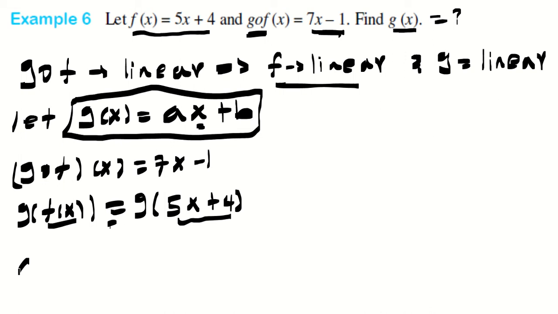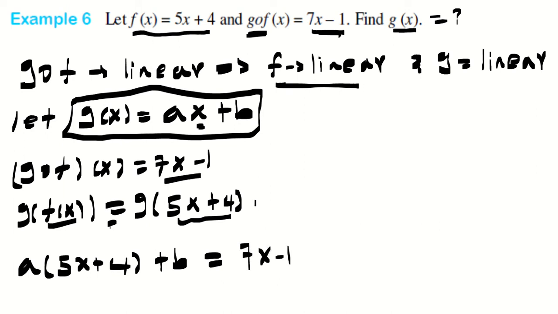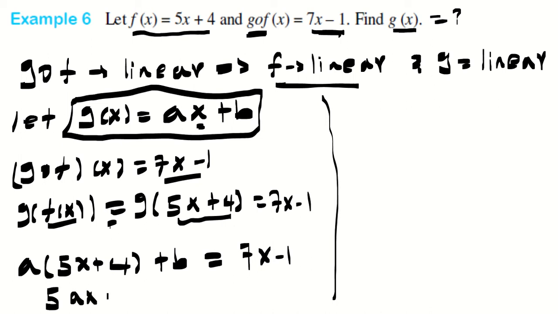The result will be a in brackets 5x plus 4, plus b, which is equal to the composition, which is already 7x minus 1. Then multiply. When you multiply, a times this one, 5ax plus 4a plus b is equal to 7x minus 1.